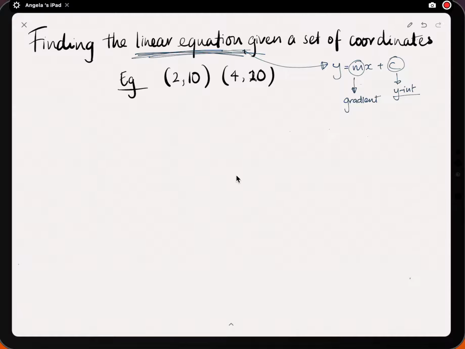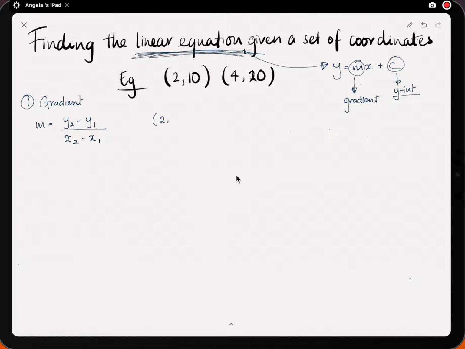So looking at the general equation and looking at our coordinates, the most logical step to do first would be to find our gradient. And in this instance, I'm going to use the formula m equals y2 minus y1 all on x2 minus x1.